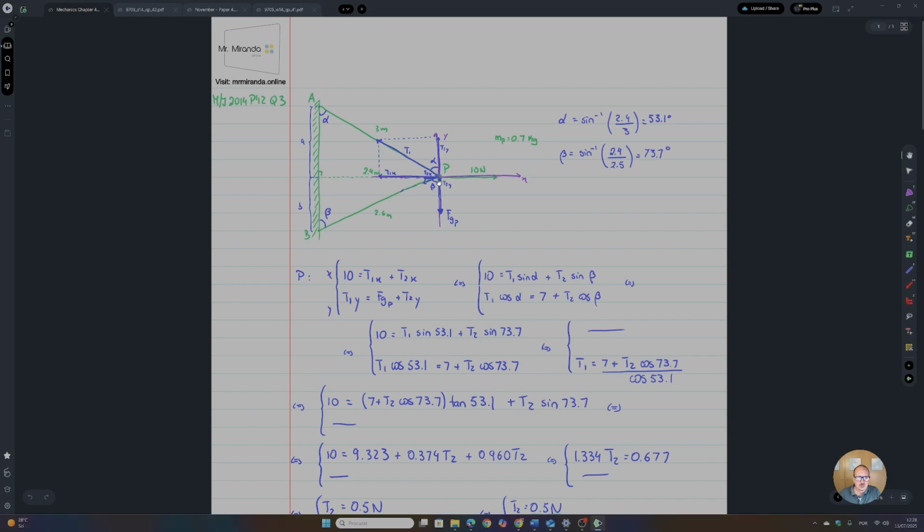So the vertical component of T2 must be much tinier than the vertical component of T1. All right? So T1y equals the weight, which I always represent, as you know, as Fg, force of gravity, plus T2y.